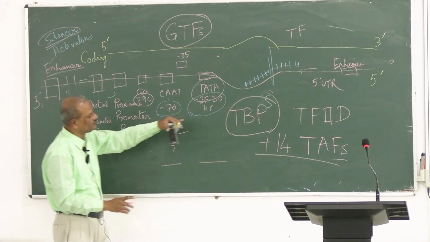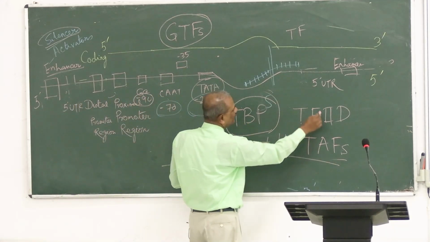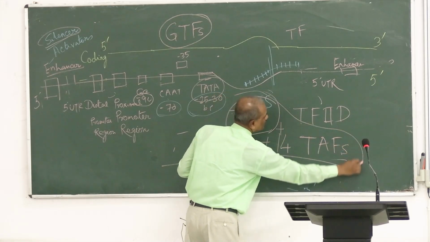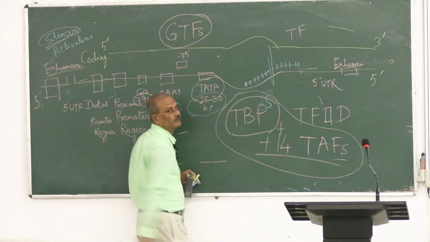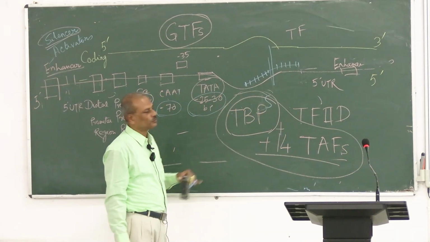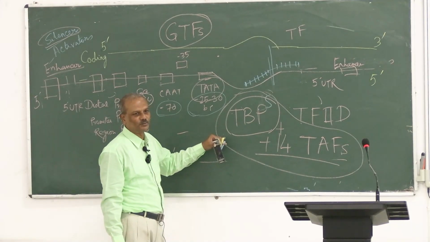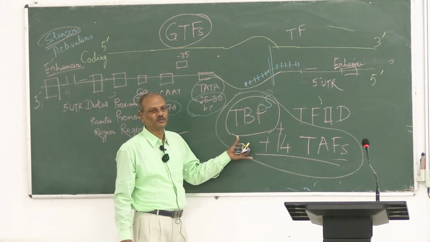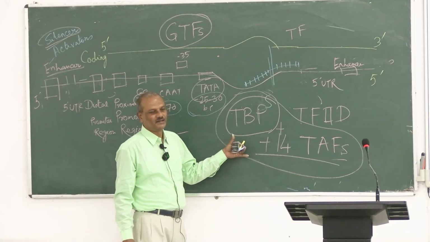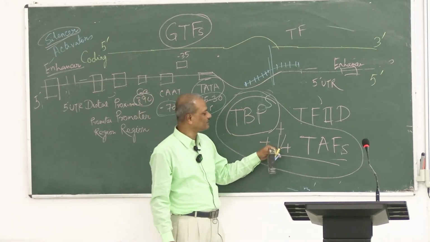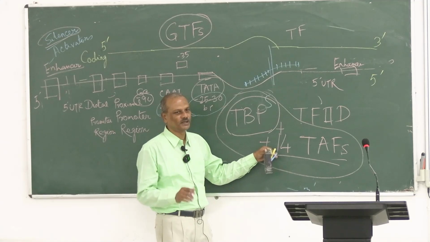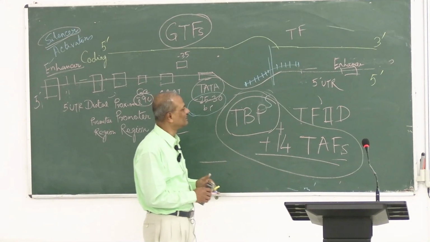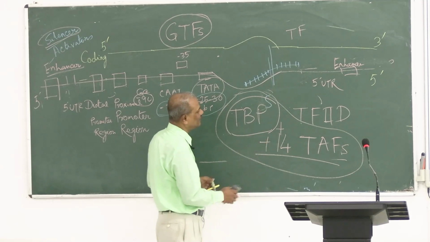So this TF2D comprises this one. There are 15 elements in the Harper book. Yesterday, out of sheer curiosity, I checked the internet and found it to be 16. There are also 4A and 4B, and 15 is the number of GTFs that has also been identified. Anyway, remember this thing.